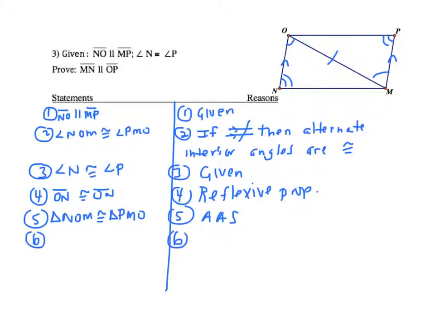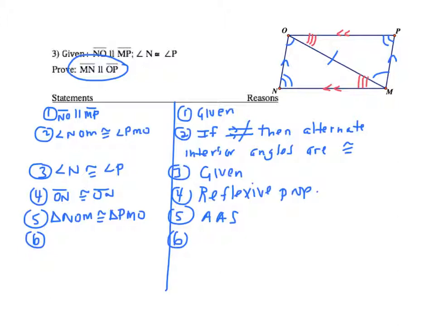Okay, we're proving those two triangles congruent because we need some other information in order to be able to say that MN is parallel to OP. Okay, MN right here, parallel to OP. We have to know that another pair of alternate interior angles are congruent to each other.